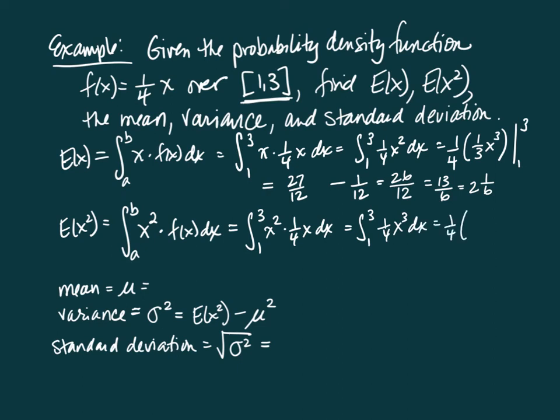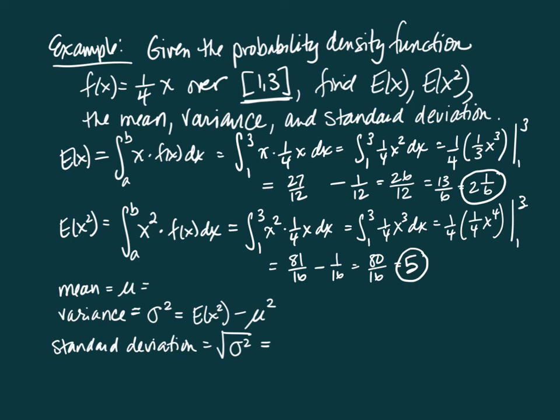The antiderivative of x cubed is 1/4 x to the 4th, again from 1 to 3. I end up with 81/16 minus 1/16, which gives me 80/16, which is equal to 5. So far I have E of x and E of x squared. Now I need to find the mean, variance, and standard deviation.